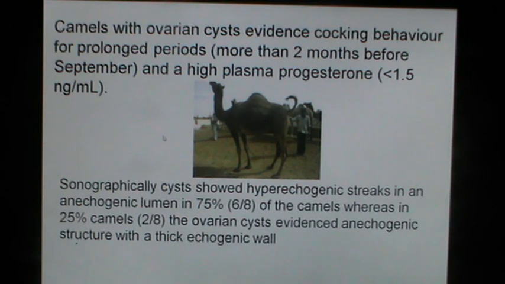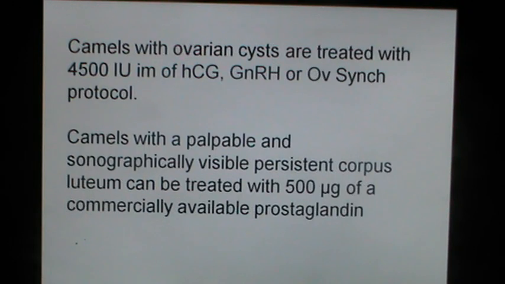So these camels are always confusing the vets and the camel breeders about the probability of their being pregnant, but they are not actually pregnant. Sonographically, cysts showed hypoechogenic streaks in an anechogenic lumen in 75% of the camels, whereas in 25% of the camels, the ovarian cysts evidence an anechogenic structure with a thick echogenic wall.